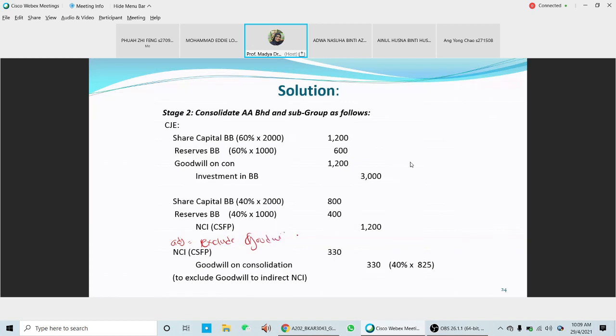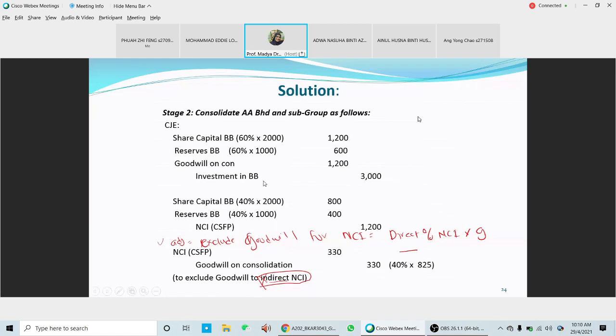Goodwill for NCI is calculated based on the direct percentage of NCI times the amount of goodwill. Even though you put the word indirect, it is the direct percentage, and this is the term used by the standards. We need to exclude the indirect goodwill, which is calculated as the direct NCI times the amount of goodwill. So this is the additional adjustment that we need to do when we use the proportionate net assets method.